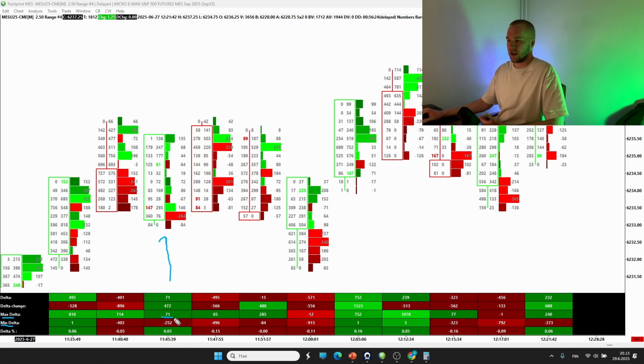It is showing us how much control either side had during that footprint. So for example, in this one it's 71, so it means that the buyers were in control, but only by 71 contracts. Whereas the minimum delta is 252, so that means they had more control at one time.